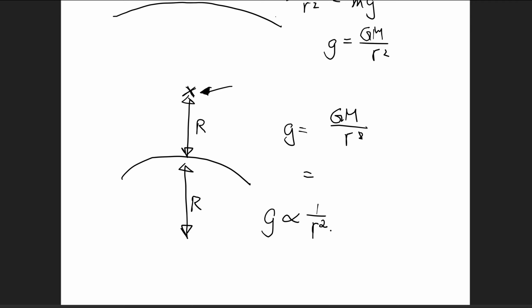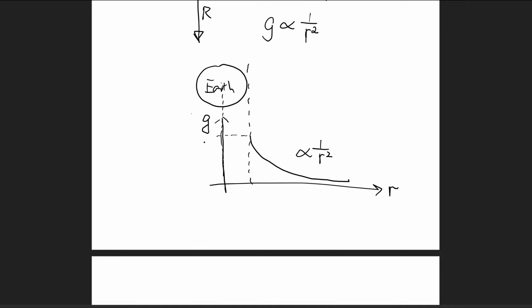Outside, from the Earth's surface to infinity, g is inversely proportional to r squared. So the curve should look like this one. And the greatest value is on the Earth's surface, that is 9.81.